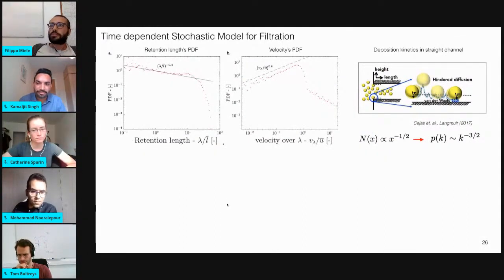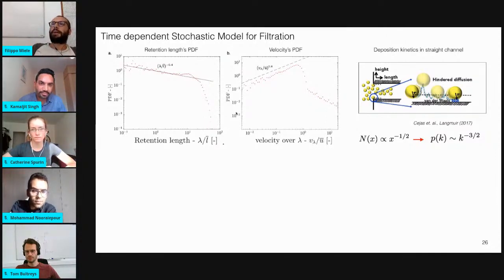The PDF that we measure by our particle tracking gave us a power law PDF of correlation length, with a negative slope of exponent minus 0.4. I want to stress the meaning of this power law distributed correlation length, which somehow breaks the concept of the existence of a single REV, so a single length scale.